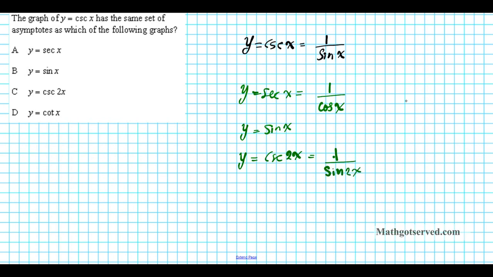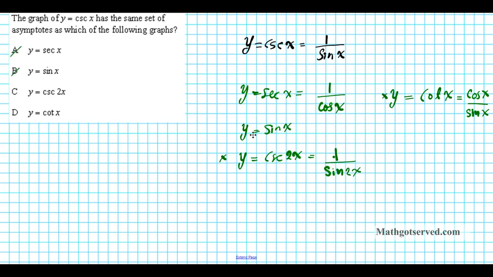And last but not least, option D, y equals cotangent x, is equal to cosine x over sine x. So these two both have a sine in the denominator.